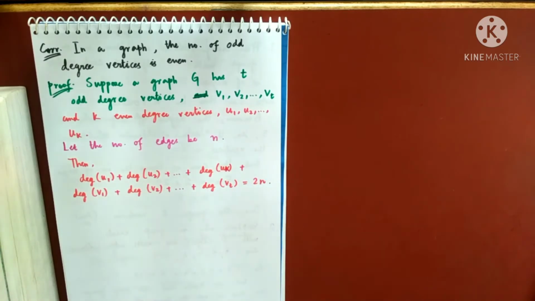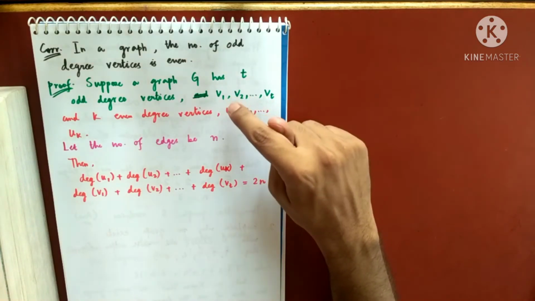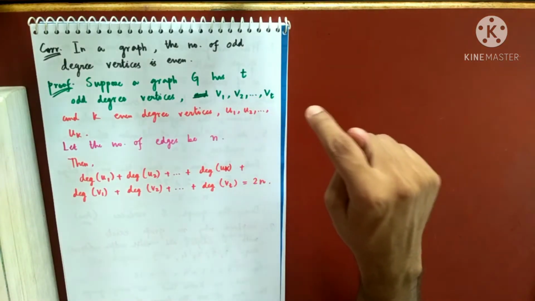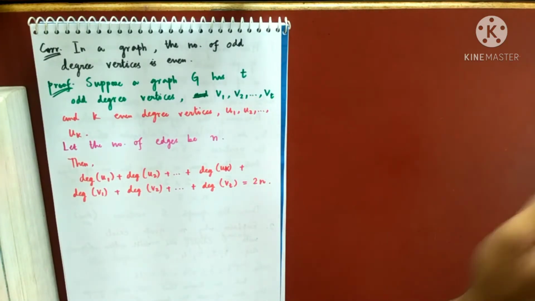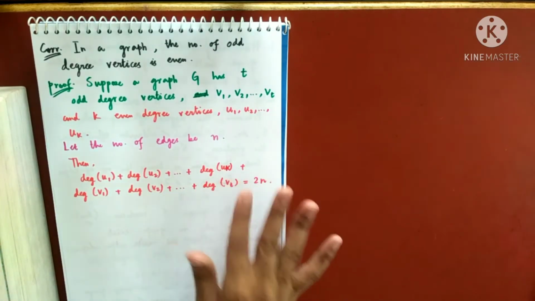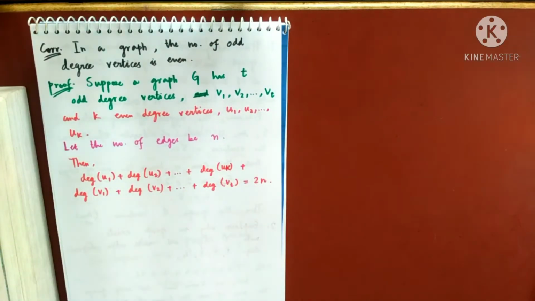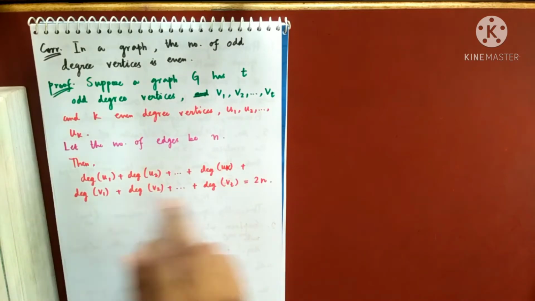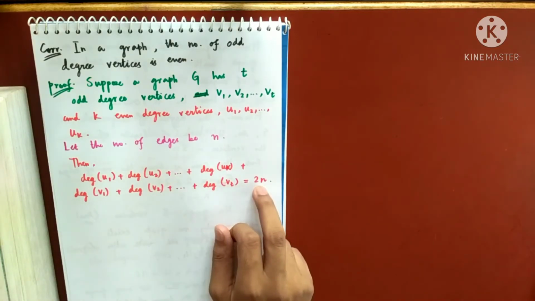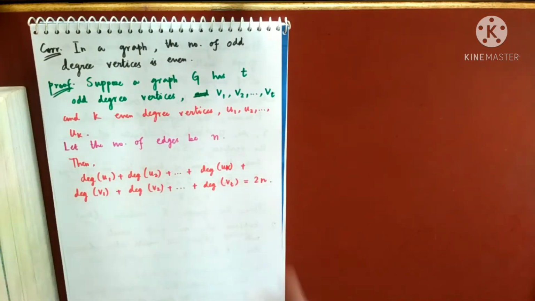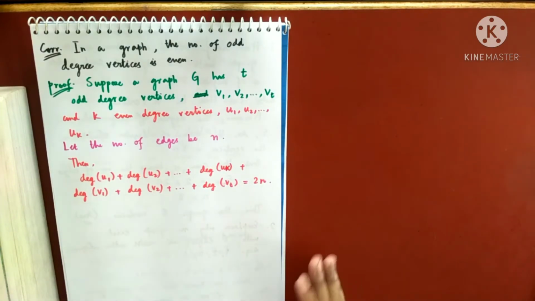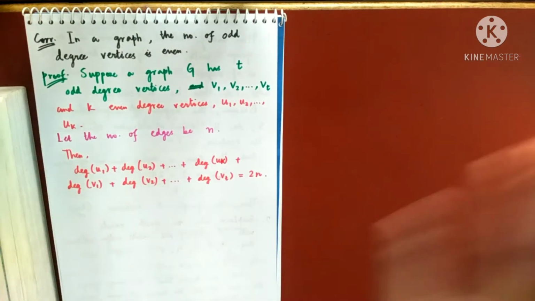Do you agree with me? So how many vertices are there in total? V1, V2, V3, Vt, U1, U2, U3, Uk. If I sum all their degrees, that should be equal to twice the number of edges. So 2 times n. By the previous theorem, Euler's theorem. Did you get my point?